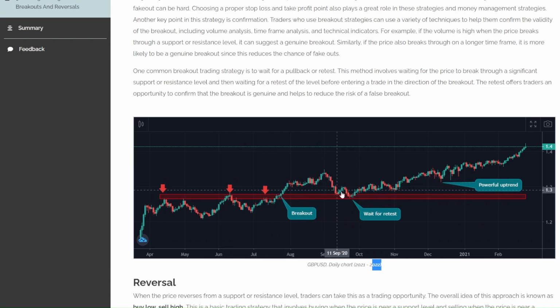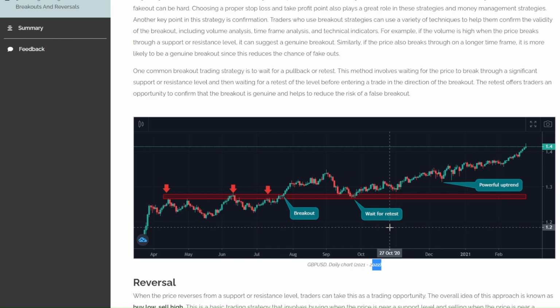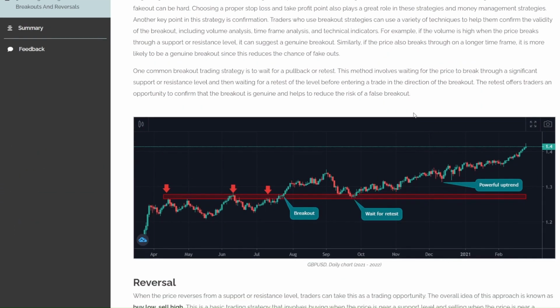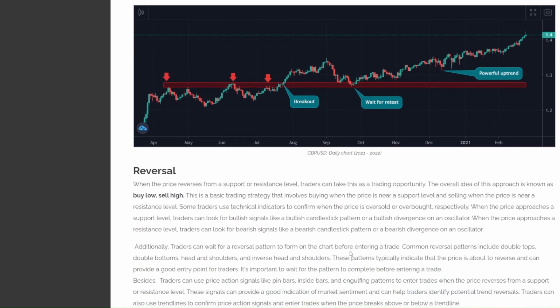It doesn't mean that with any breakout we can just say this might be a fake out and the downtrend should continue. You need to find some kind of confirmation. We have described in this lecture that you need to find confirmation combined with other tools and factors, like, as we discussed, trend lines, waves, patterns, price action, economic situation, indicators, any strategy you like.